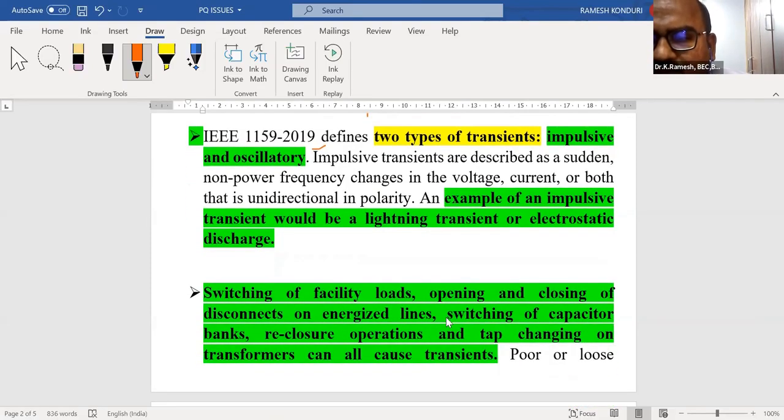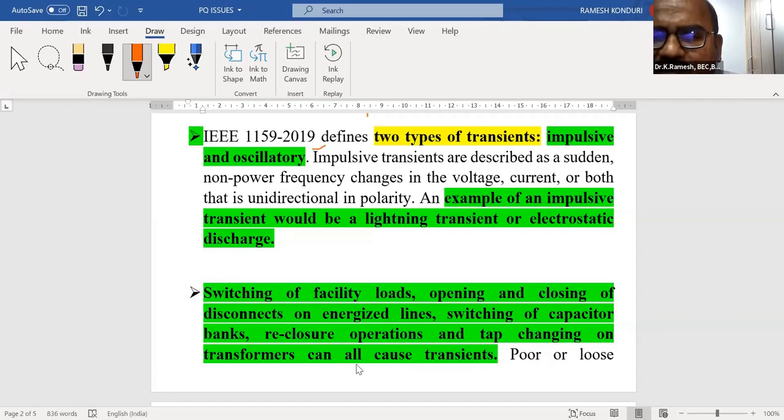So why do these transients occur? Switching of facility loads, loads on and off times, opening and closing of disconnects whenever the energized lines are opened or closed, and switching of capacitor banks when the capacitor banks are switched on, and the reclosures, we know the circuit breaker reclosure operations, and tap changing on transformers.